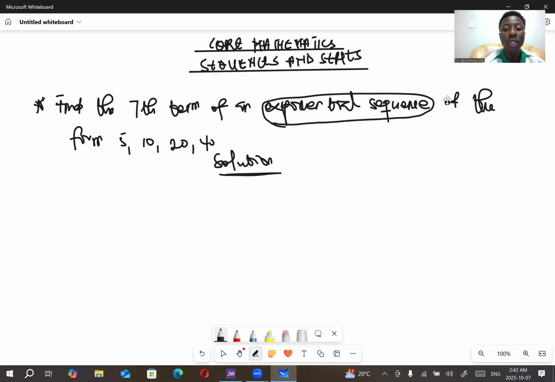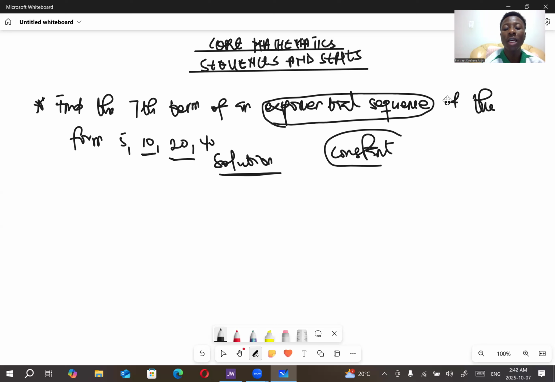For geometric progression, or exponential sequences, the subsequent term is always gotten by multiplying the preceding term with a certain constant. Constant means that it doesn't change.